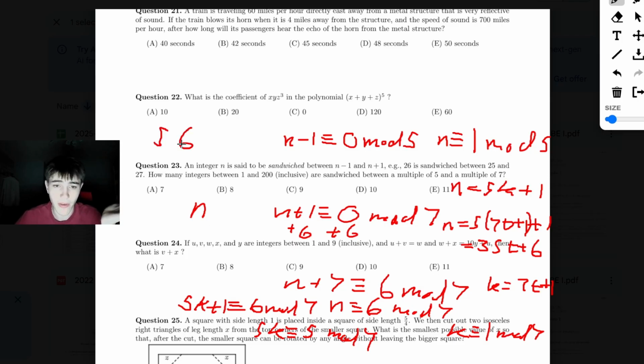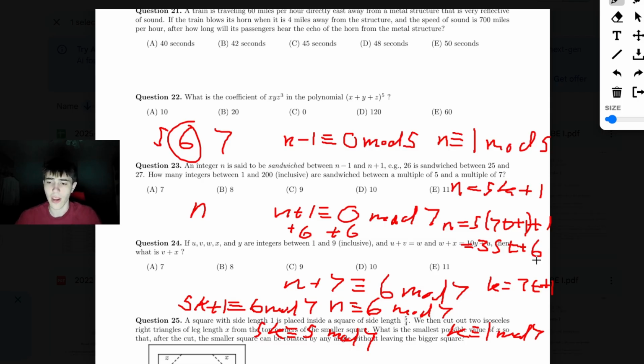Because remember, 5, 6, 7 worked, where 6 was wedged between 5 and 7. But now it's saying that if t is just an integer, right, and n is within 1 and 100, then if it looks like that, then it's going to be sandwiched between a multiple of 5 and a multiple of 7. And that makes sense, right?